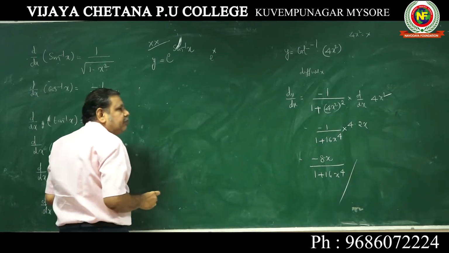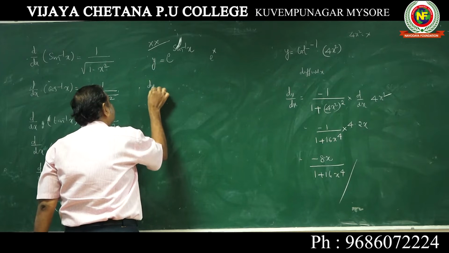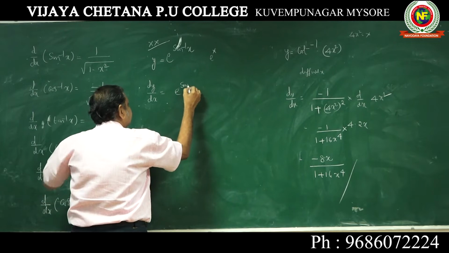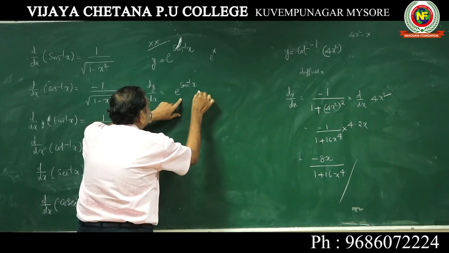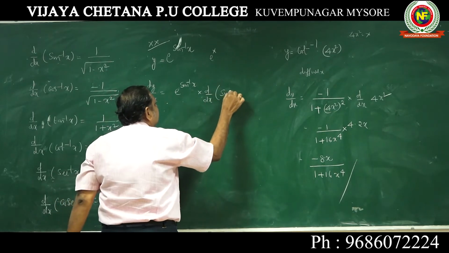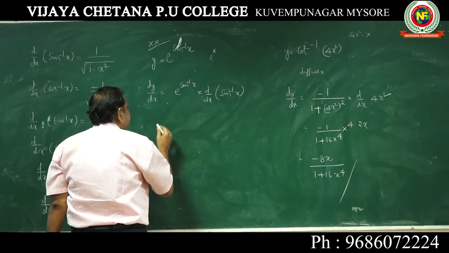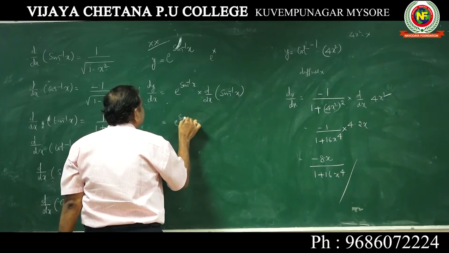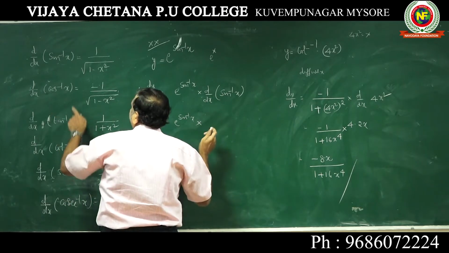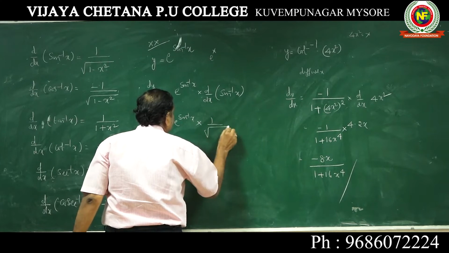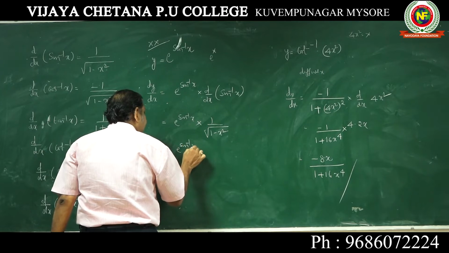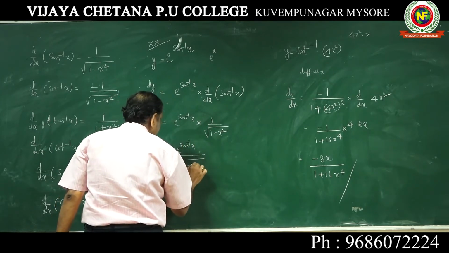So y is equal to e to the power of sine inverse x. When you differentiate, dy by dx is equal to e to the power of sine inverse x as it is, into d by dx of sine inverse x, which is very important. You know already d by dx of sine inverse x is 1 over root of 1 minus x square, so your answer is e power sine inverse x by root of 1 minus x square.